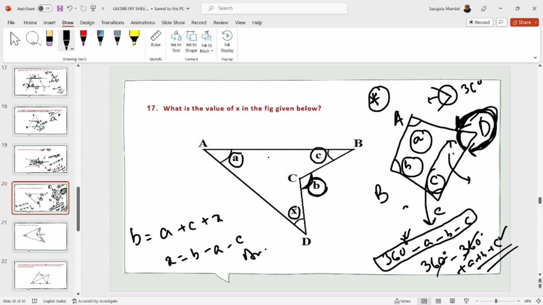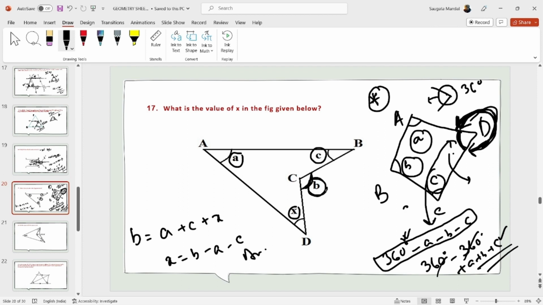So we can easily see that this is also a quadrilateral. AB, BC, CD and AD are four sides and the four angles are A, X, C, and B is the external angle. What is the value of the external angle of B?